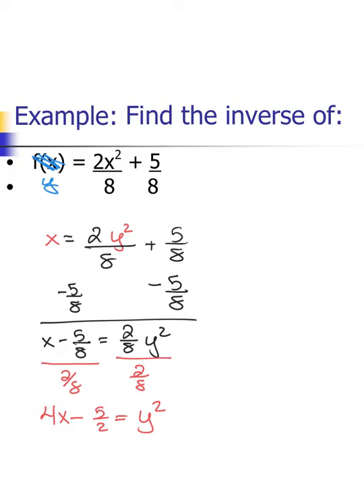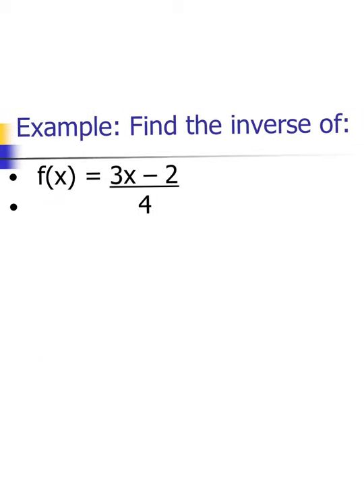And then if you remember, to get rid of a squared, we square root. So my inverse here is the square root of 4x minus 5/2 equals y. And that is my inverse.